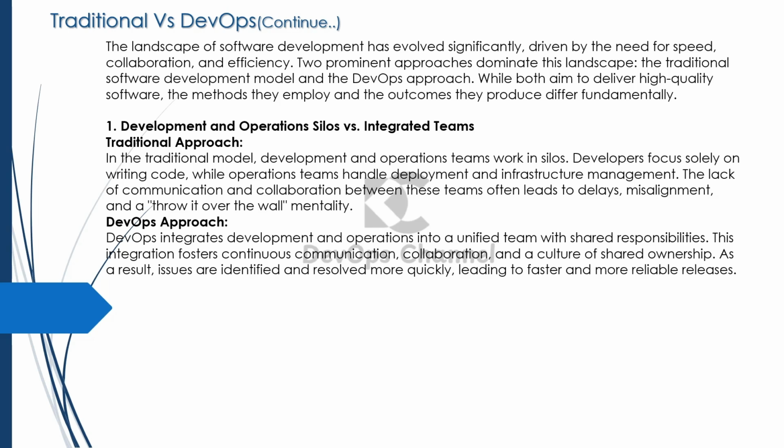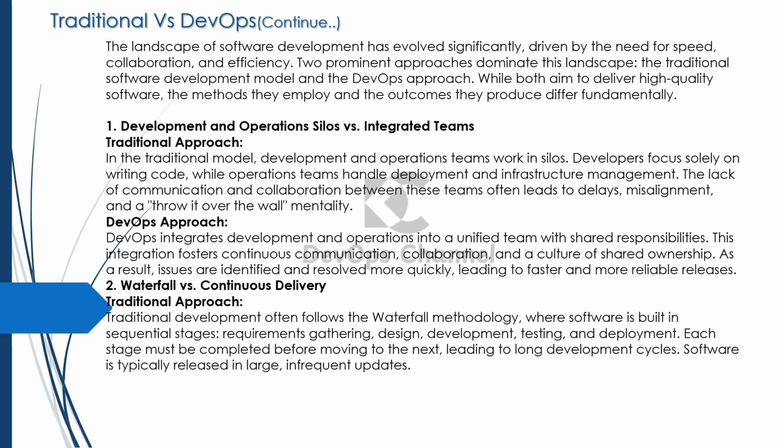Now the second point: there is the waterfall model for the traditional approach. You might have learned about it in college. First is requirement gathering, then design, then development, then testing, and then deployment, right?